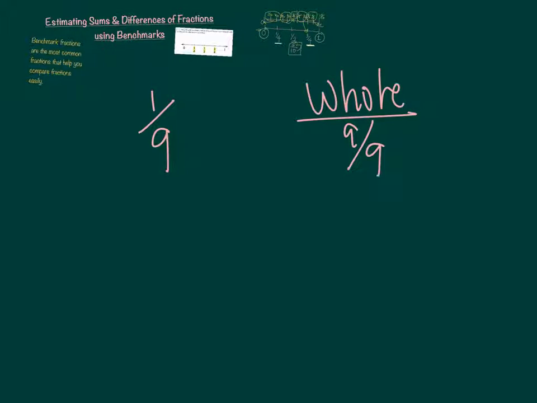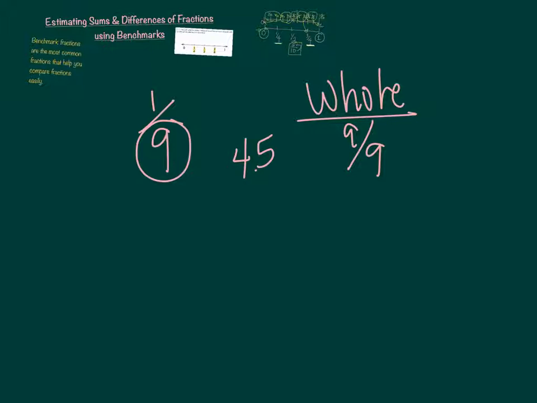Let's see, if I gave you 1/9. Well, first thing I want you to think of is what's the whole? The whole would be 9/9. So is that anywhere close to the whole? No. What would half of 9 be? And I know it's weird because it's an odd number, but what would half of 9 be? Okay, 4.5.